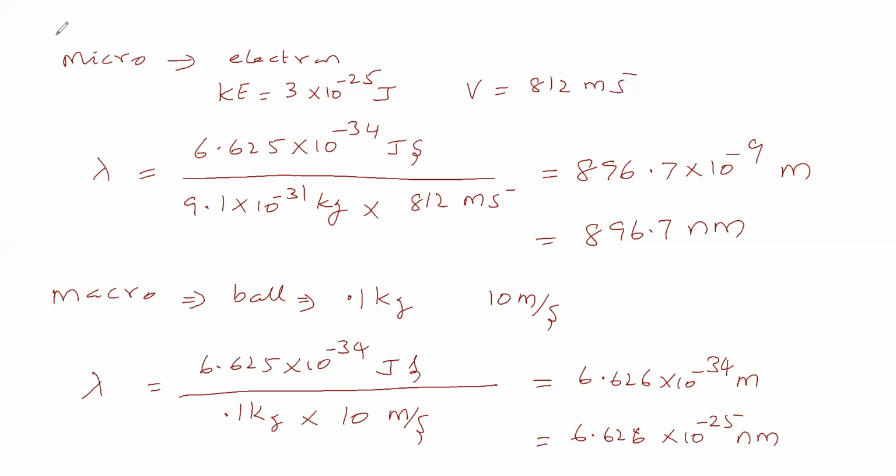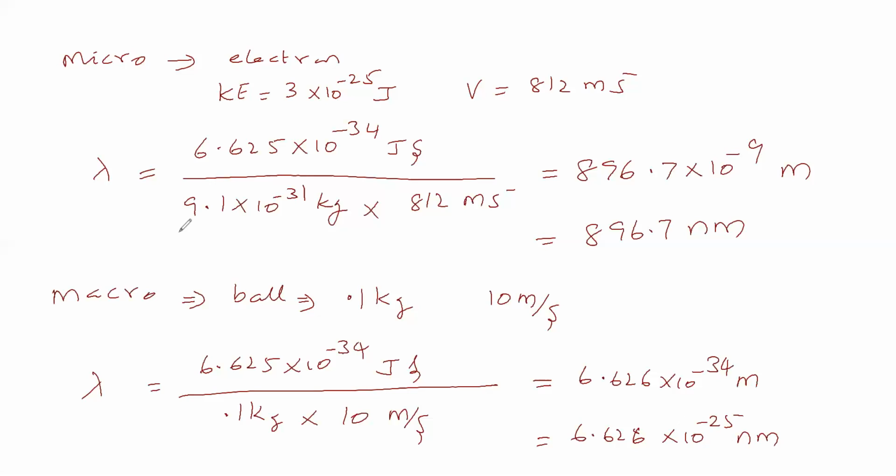Now you see, for the micro body electron, what is the wavelength? 896 nanometer. For the macro body we took, the ball, what is the wavelength? 10 power minus 25 nanometer. Now you say which wavelength is considerable and which is not considerable.